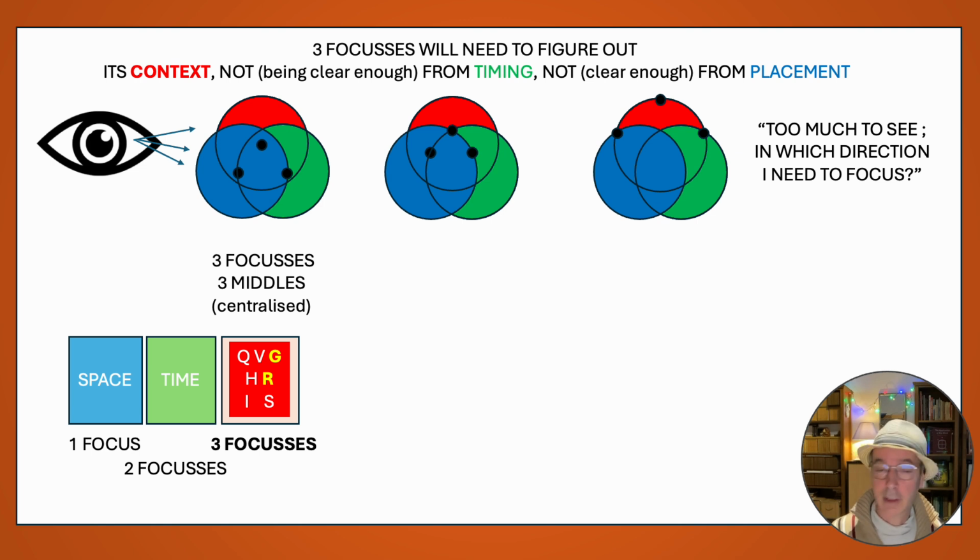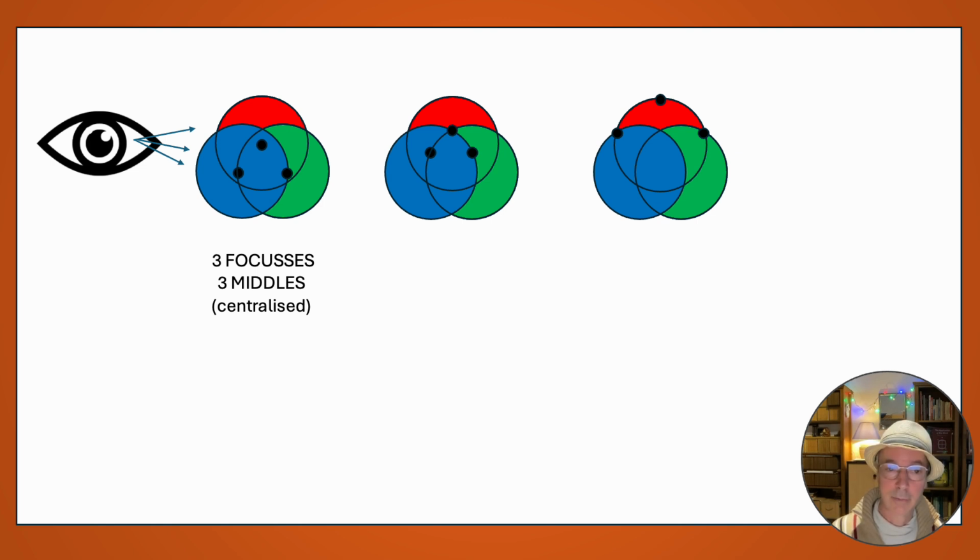That's the first 3 letters. So let's focus on all of them and explain them a little bit. What happens there? What is the kind of focus? You can learn to interpret what you see here by knowing what context that you have here. So you see, we have 3 focuses and 3 middles, or 3 centralized visions.